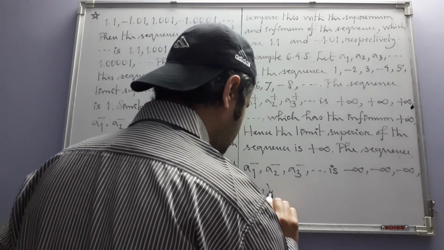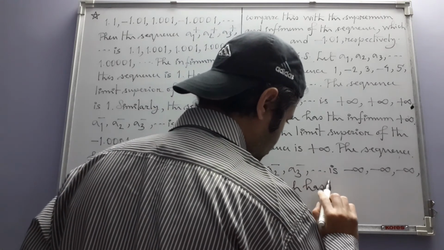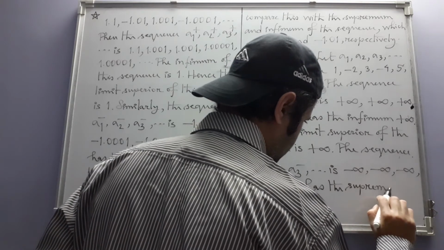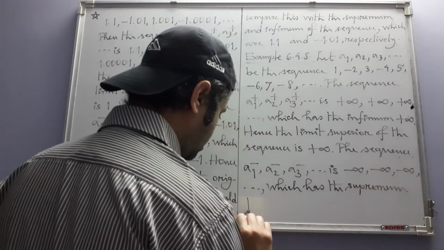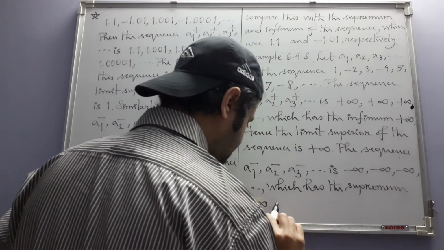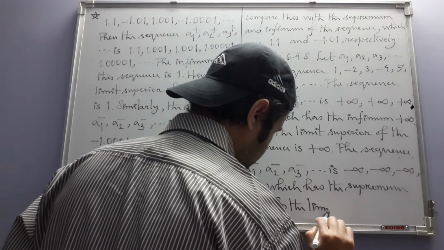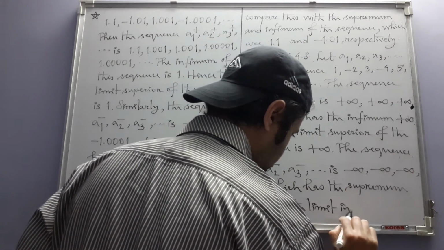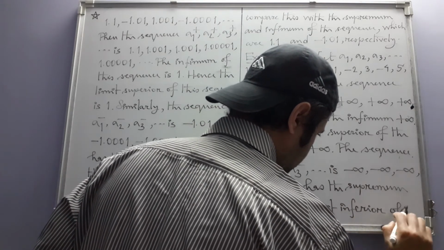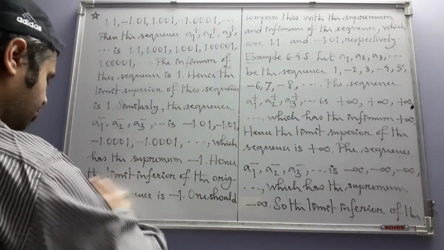And this sequence has the supremum minus infinity. So the limit inferior of the original sequence is minus infinity.